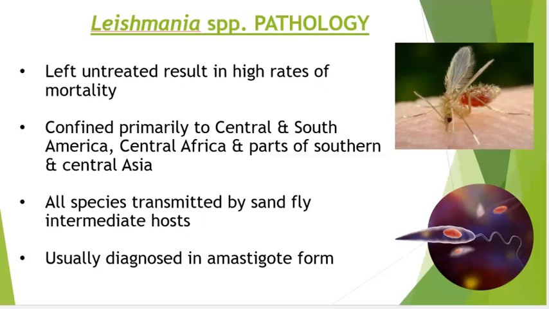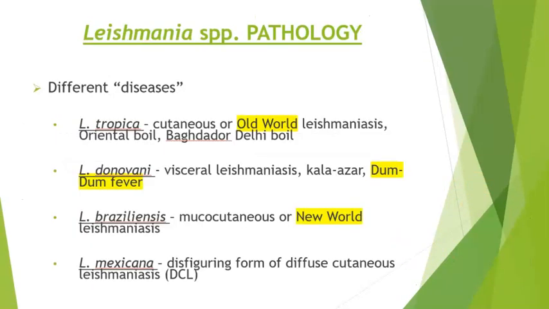All species are transmitted by sandflies, so that's the intermediate host, and it's usually diagnosed in the amastigote form or the amastigote stage. And here is an image of our sandfly, and this is an image of what the parasite looks like.